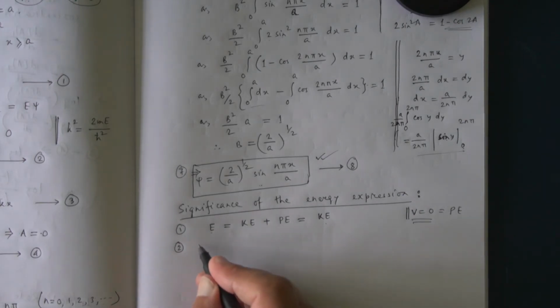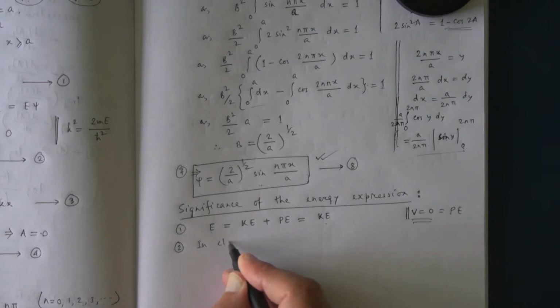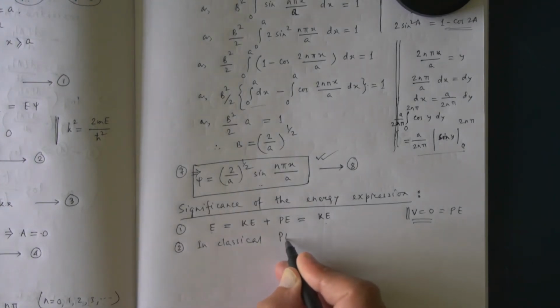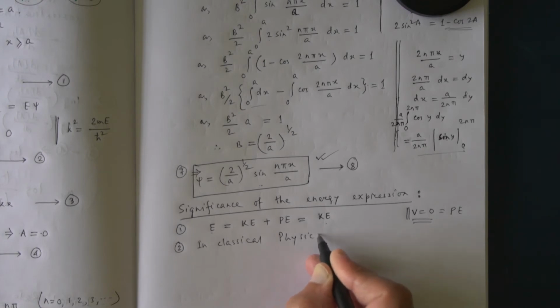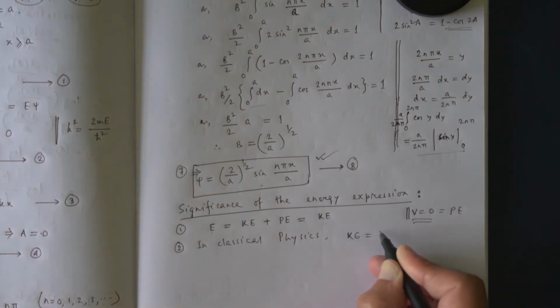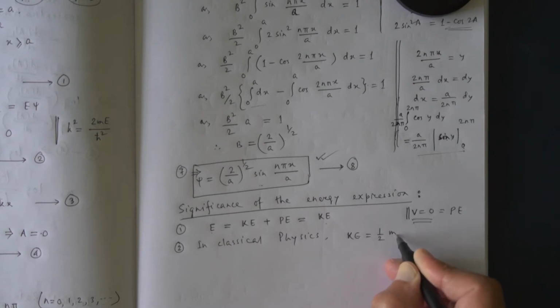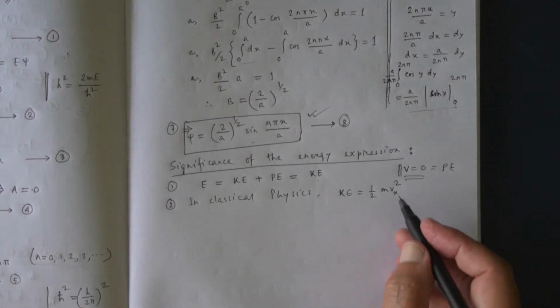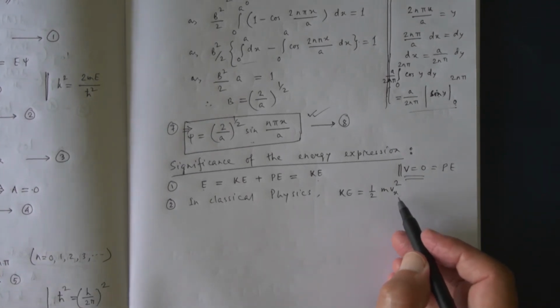Now in classical physics, kinetic energy equal to half m vx square. Kinetic energy equal to this. Okay.